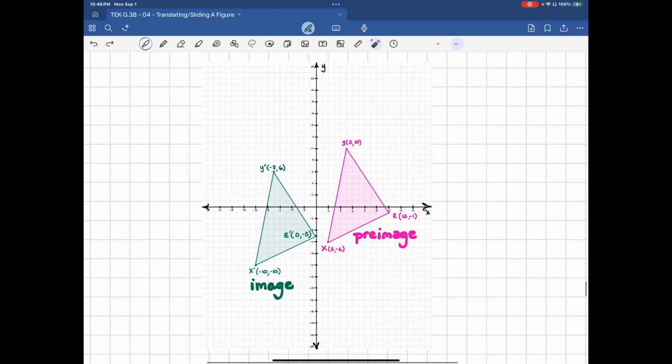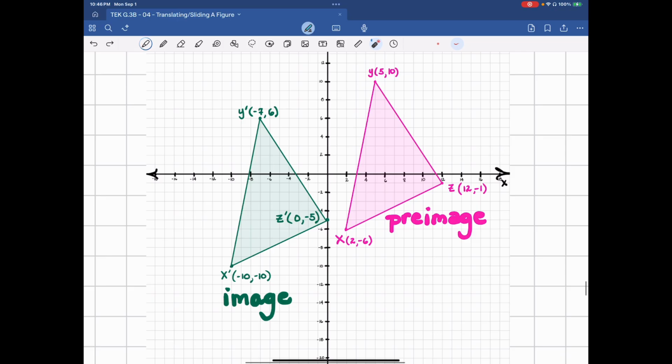When I graphed it, notice that I graphed the pre-image in pink and the image is in green. The corresponding vertices are X and X prime, Y and Y prime, Z and Z prime right here.